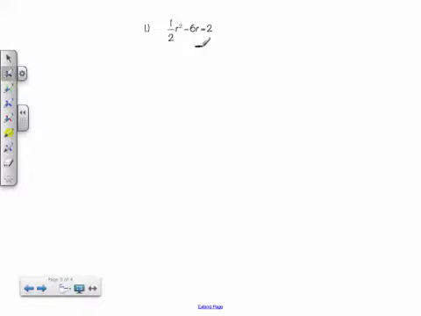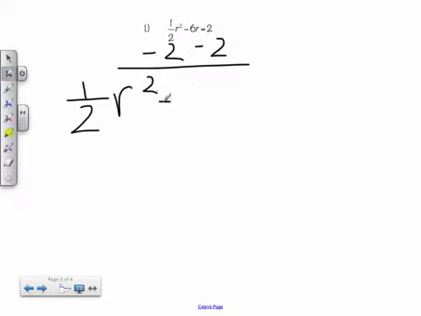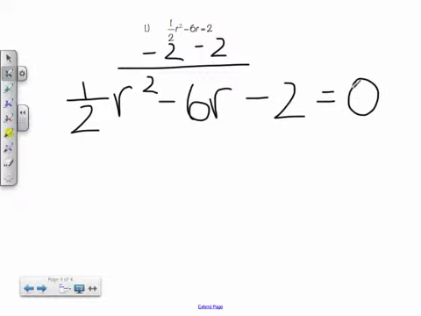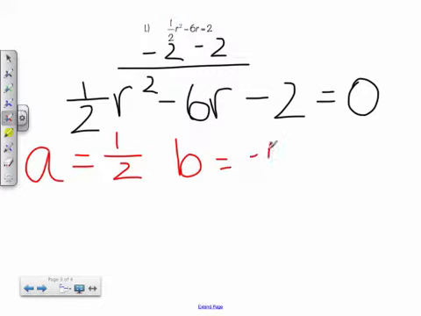So I'm going to subtract the 2 from both sides, and I end up getting 1/2 r squared minus 6r minus 2 equals 0. Okay, and then I'm going to figure out what my a value, my b value, and my c value are. So a is 1/2 because it's the coefficient in front of this r squared. So a is 1/2, b is negative 6, and c is negative 2.